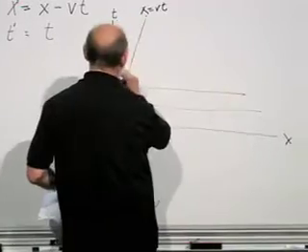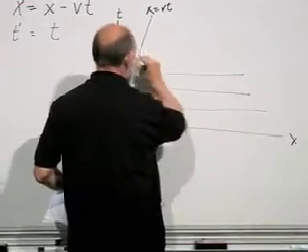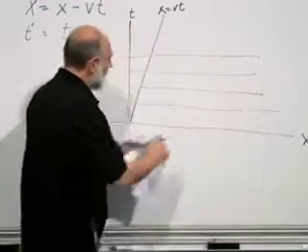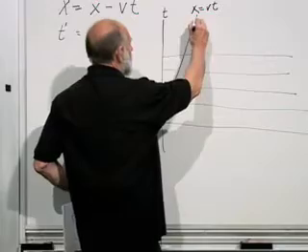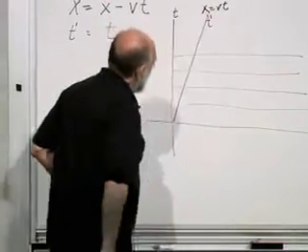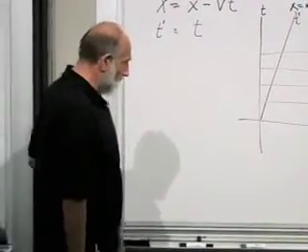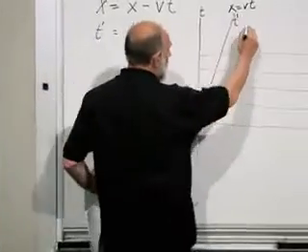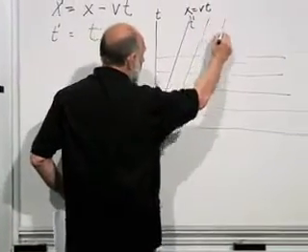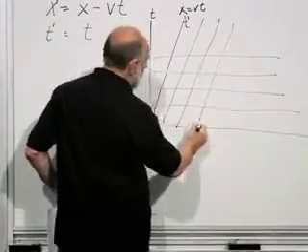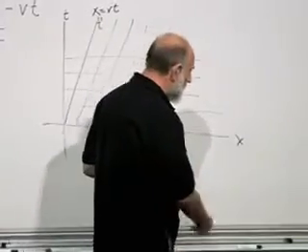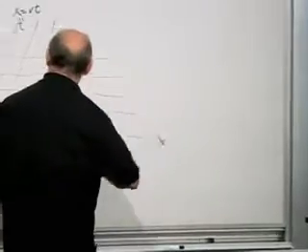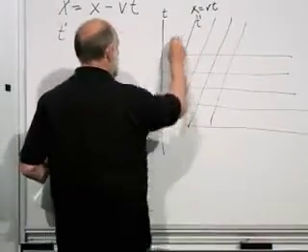You don't have to draw two axes for space, but you do have to draw the t-axis, and this would become the t-prime axis for the moving reference frame, for the moving coordinates. So if we made a grid, this would be the grid for the moving observer, and the grid for the stationary observer would be similar, except the lines would be vertical.